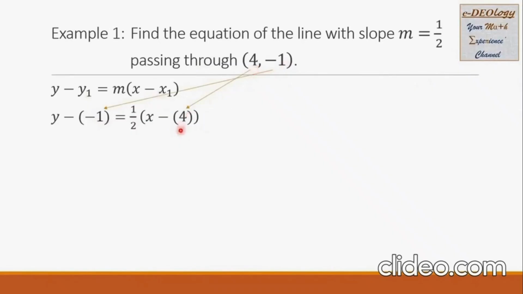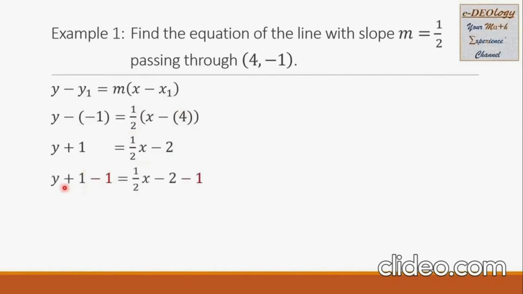Then let us simplify further. y minus a -1 is y plus 1 equals, so we have here 1/2 times x is 1/2 x, 1/2 times -4 is -2. Then we will just let y be isolated on the left side. So we will subtract 1 on the left side.